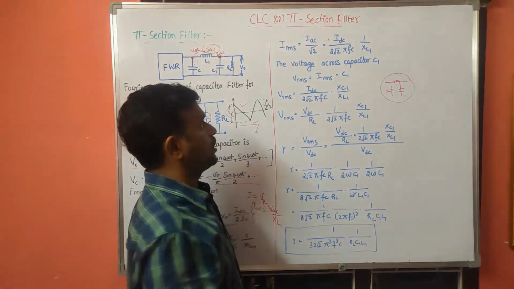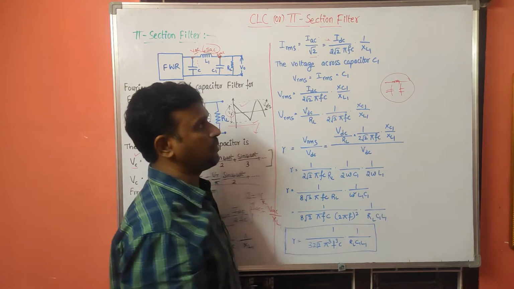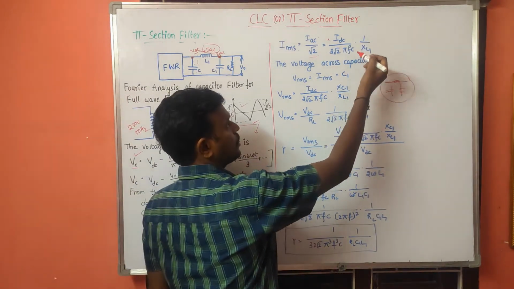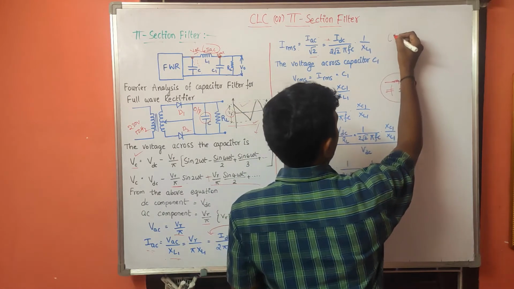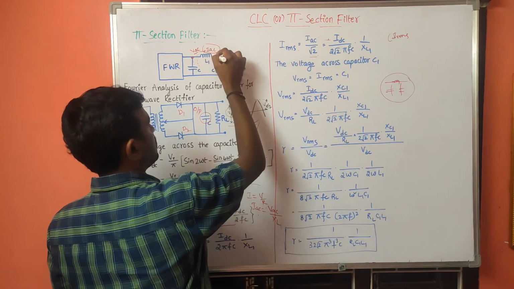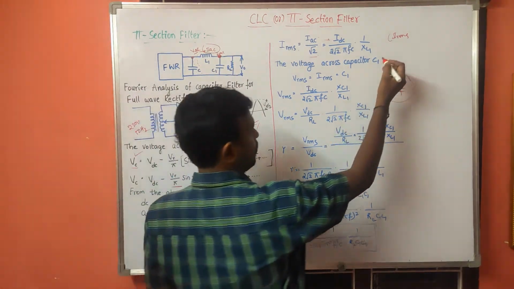So IRMS is equal to IAC by root 2. If I substitute that, root 2 is there, so we will get IDC by 2 root 2 pi FC multiplied with 1 by XL1. So here we have calculated the IRMS value, that is the output of this capacitor and this inductor also.